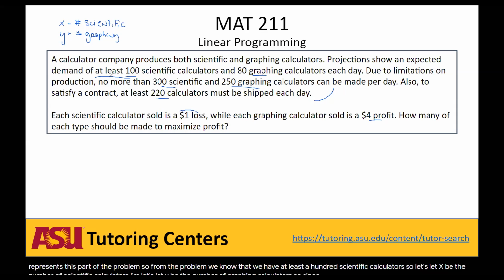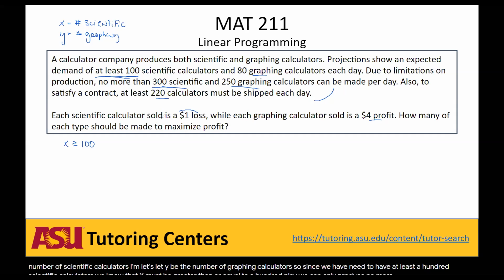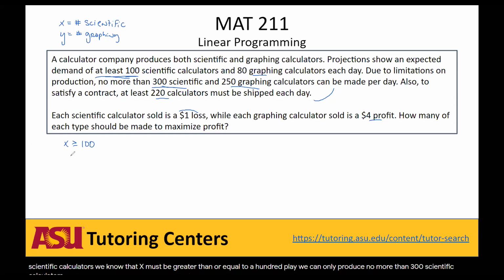Since we need at least 100 scientific calculators, X must be greater than or equal to 100. Similarly, we can produce no more than 300 scientific calculators, so X is less than or equal to 300.